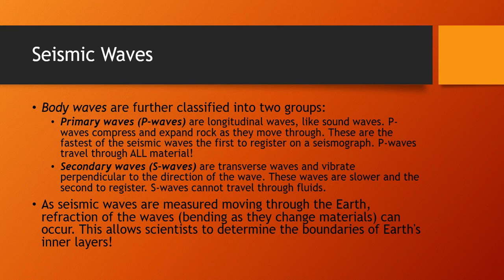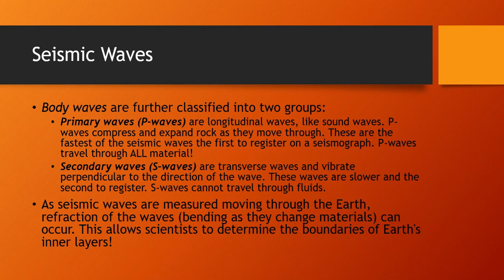This is the same thing that's happening inside the Earth. When those P waves and S waves change mediums, when they go from the crust to the mantle or from the mantle to the core, the waves are bent in a particular way. And the way those waves are bent identifies where those boundaries are. There's obviously a lot more to it that I'm leaving out in terms of understanding how you could actually calculate that.